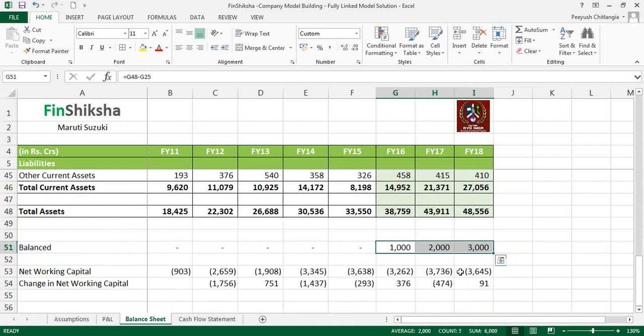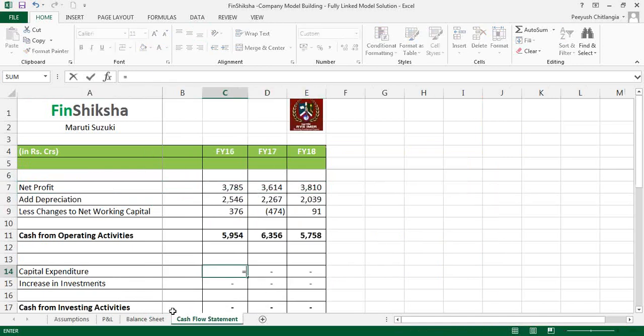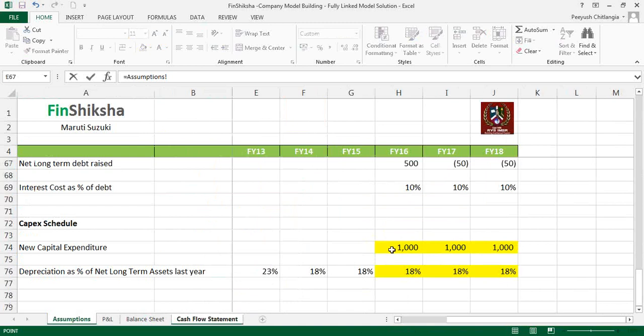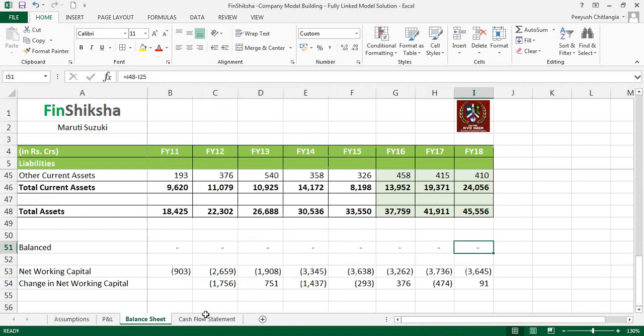Now you see this is not getting captured. That's why the balance sheet is not getting balanced, and every year 1000, 1000, 1000 keeps getting extra, is because the capital expenditure does not get captured here. If I go here and link this as well to the assumption sheet and link these three data sets here, we will see that the balance sheet balances once again.